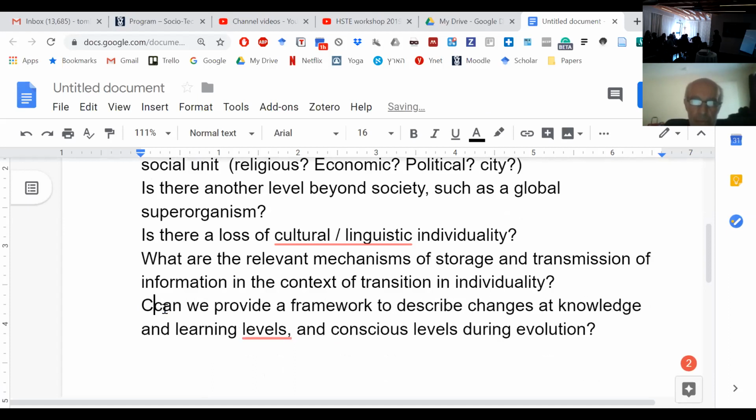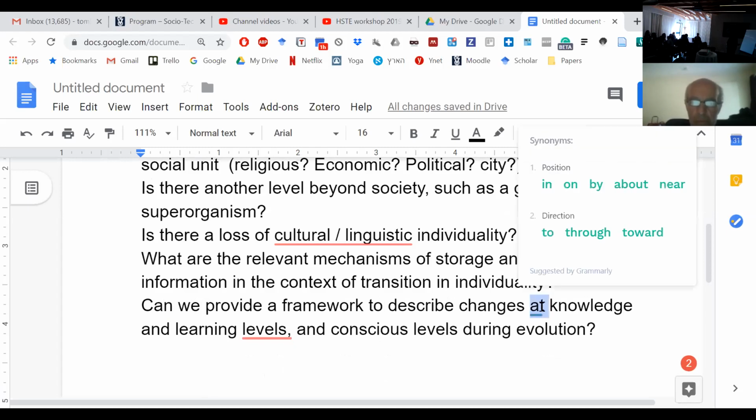I think it's very important. It can tell us something about what is going on. I know it's something we did not discuss, but within the framework of this discussion about transitions, I think it's useful to think about that too. It's one of the few unifying frameworks that we have.